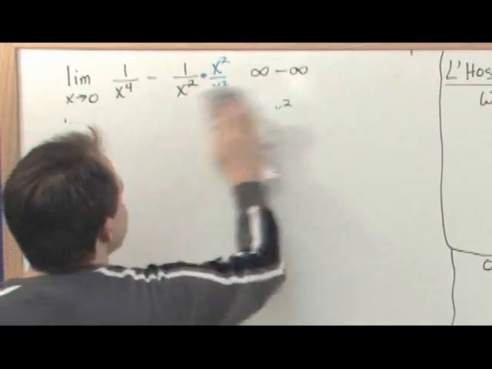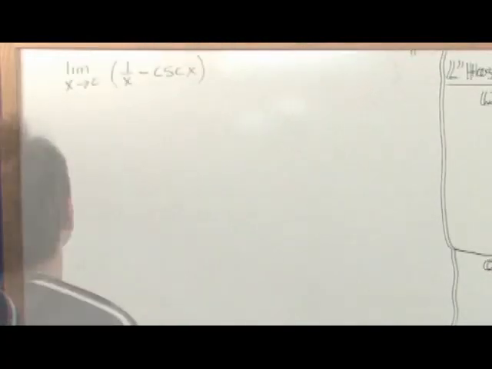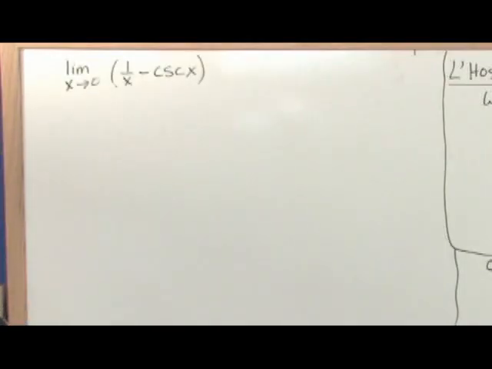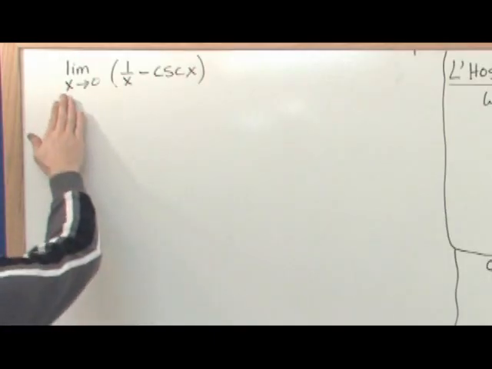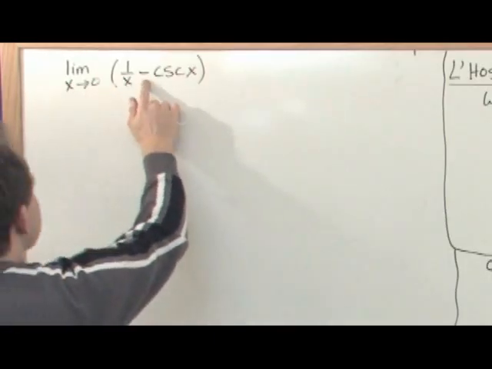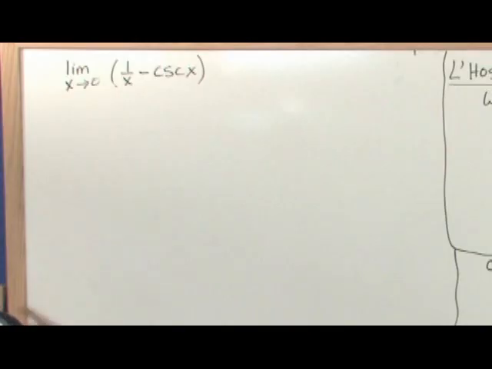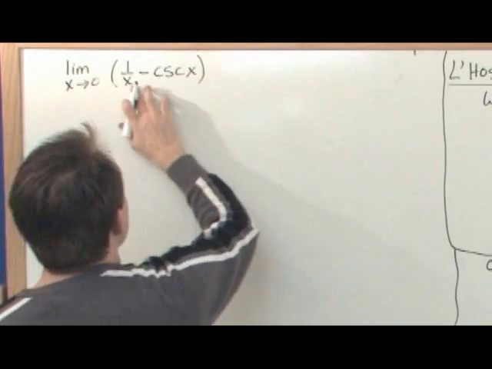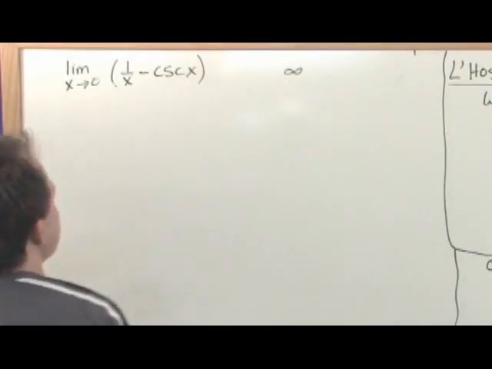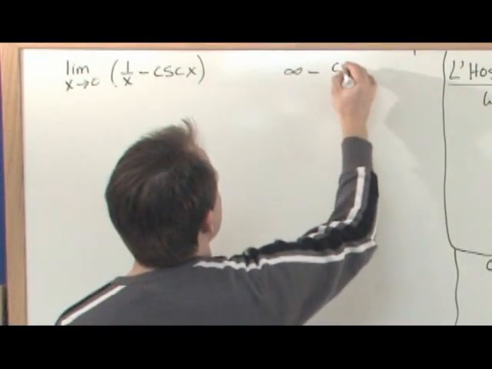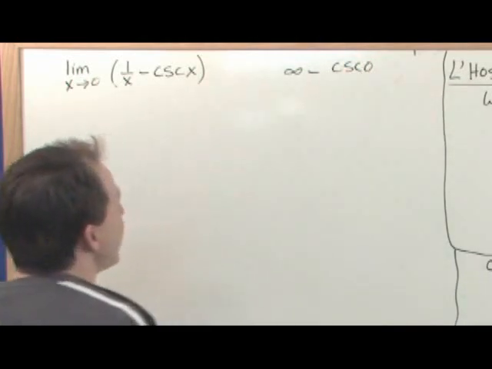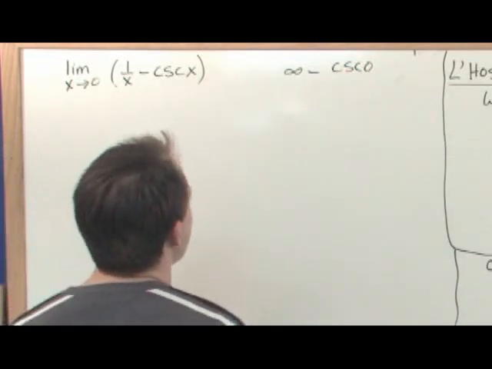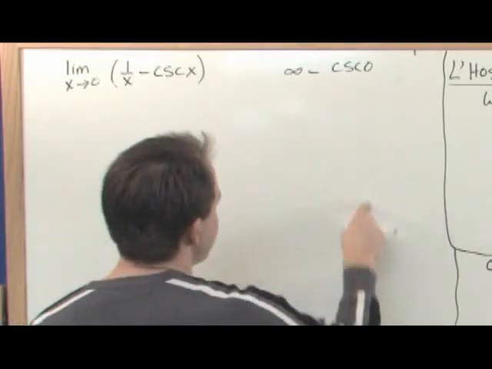Now let's do another one of the form infinity minus infinity that's a little more challenging. Here's another problem that's going to be a little bit similar, but also quite a bit different. So you have the limit as x approaches 0 of 1 over x minus cosecant of x, and if you wanted to find out what form this is, you'd put in 0 here, and you'd have 1 over 0, which is infinity, and then you'd have the cosecant of 0, and don't forget the cosecant is 1 over the sine, and you can find that out from your rainbow.